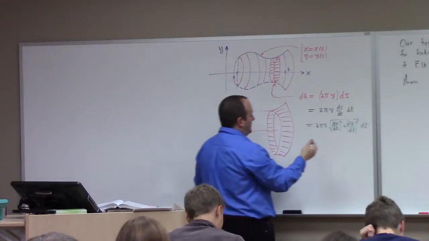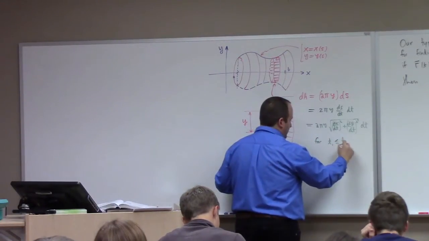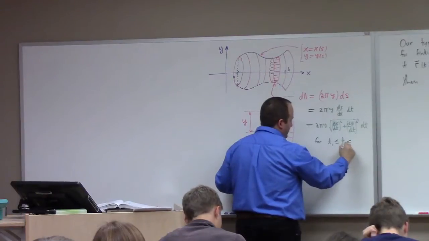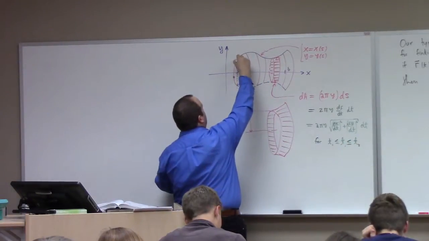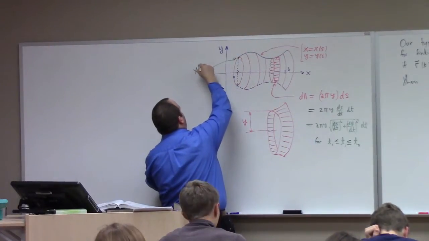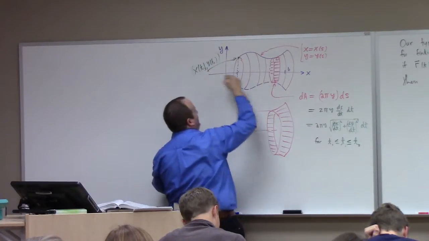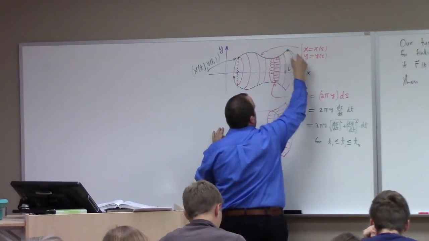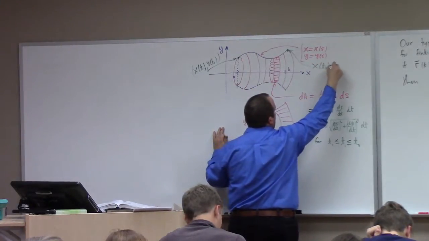And that would be for t1 less than or equal to t less than or equal to t2, where this is x of t1, y of t1, the initial point, and the final point over here being x of t2, y of t2.